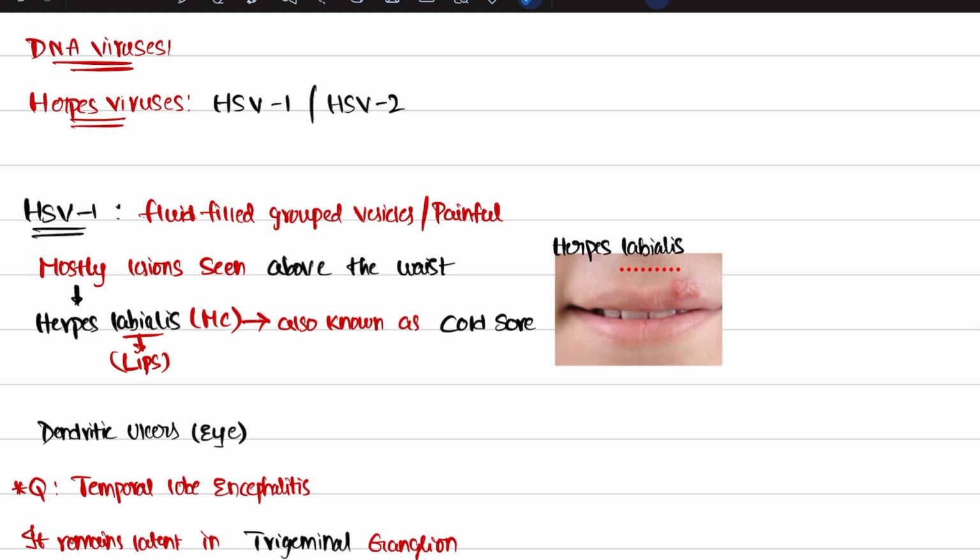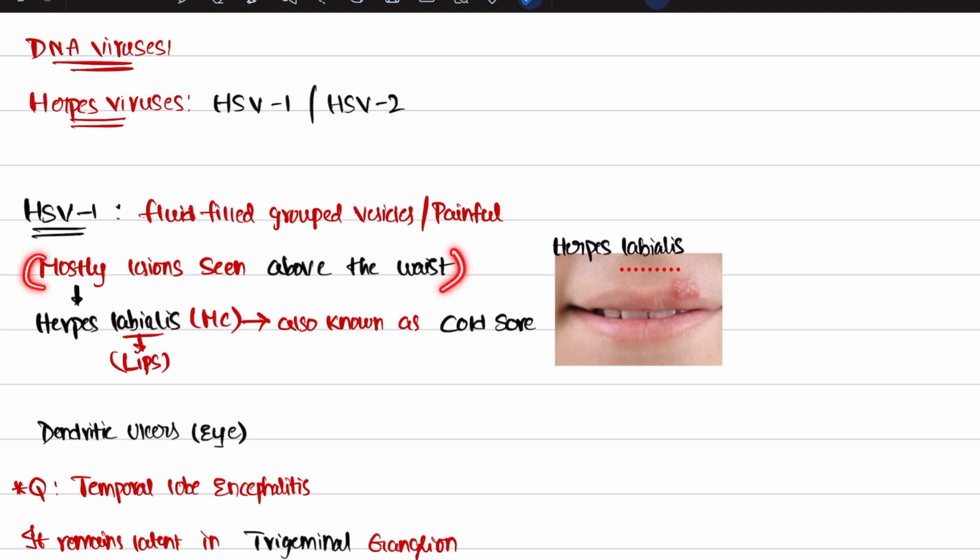HSV type 1 means herpes simplex virus type 1.